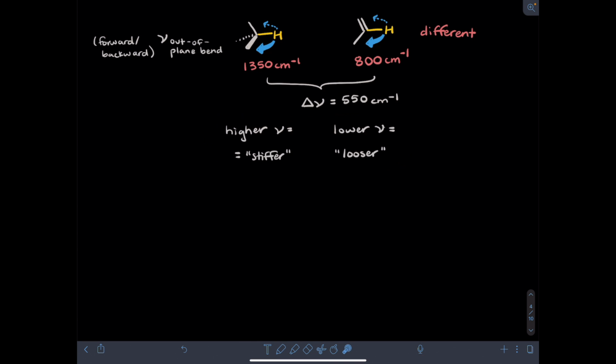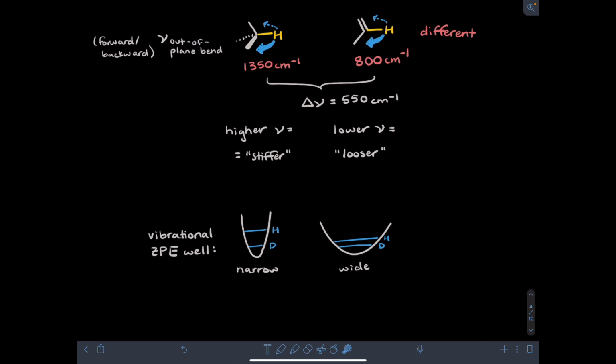Organic chemists would call this higher frequency vibration stiffer, and they would call this lower frequency vibration looser. For the stiffer vibration for the sp3 hybridized carbon-hydrogen bond, there is a more narrow energy well for the zero-point energies.